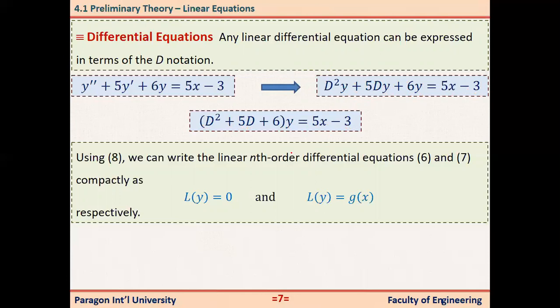So using equation 8, we can write the linear nth order differential equations 6 and 7 that we mentioned a few minutes earlier compactly as L of y is equal to 0 and L of y is equal to g of x. That is our homogeneous differential equation, right? This one is the non-homogeneous linear differential equation. And you remember this L. What is it? It's just the differential operator of nth order.